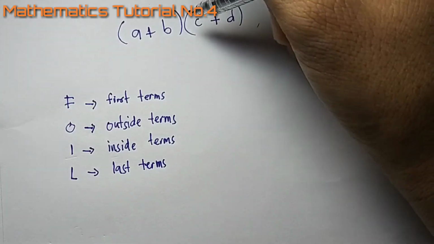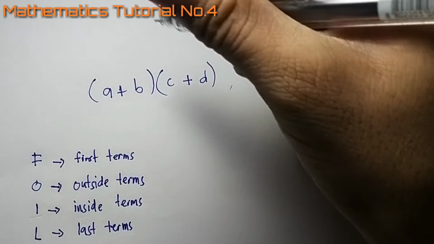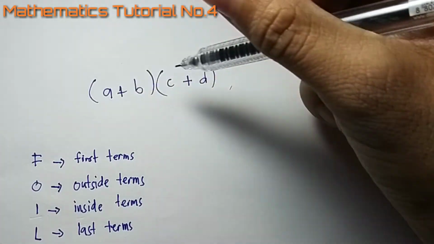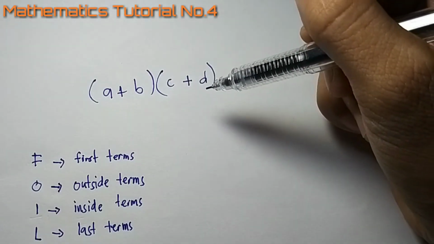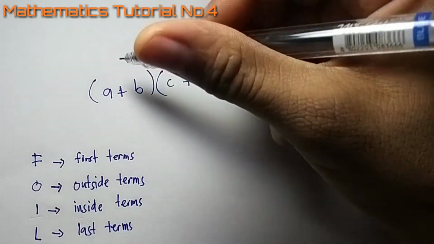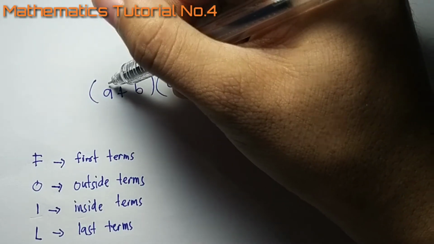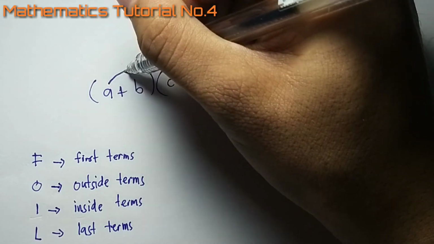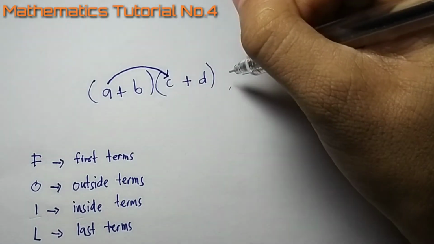So balik ta sa atong given A plus B times C plus D. So our first term dinhi nga binomial is A. Nya ang first term pud nato dinhi sa pikas nga binomial is C. So ang atong buhaton sa FOIL method kay i-multiply og una ang first terms. So pasabot i-multiply nato si A ngadto sa C kay ang mga first terms atong i-multiply.